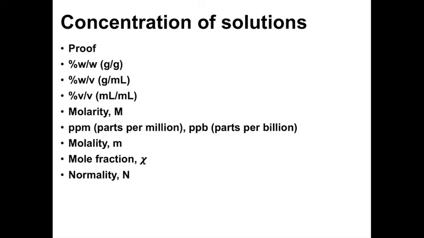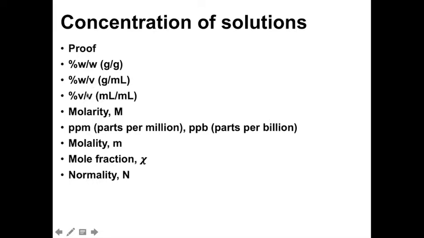By the way, when we say concentration, we are focusing on the concentration of the solute. So here are some of the concentration units that we have. I've mentioned the proof. We have weight percentage. We have weight per volume, which I've mentioned in the case of the IV drip.